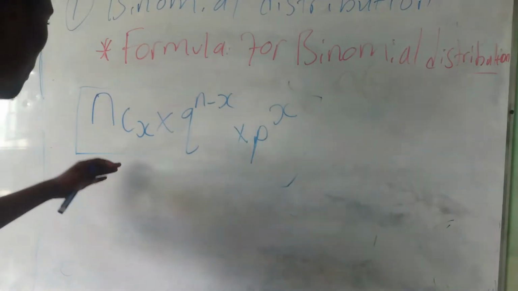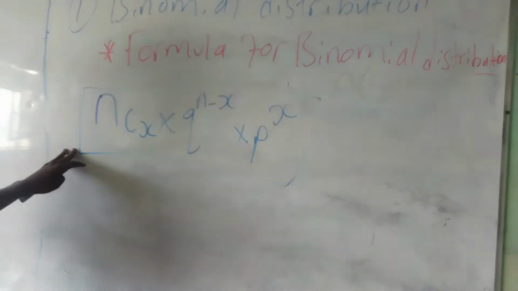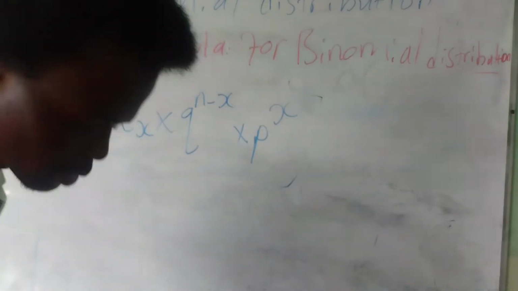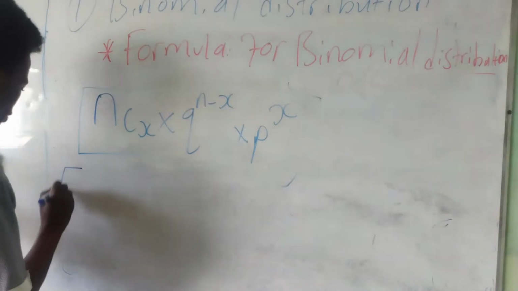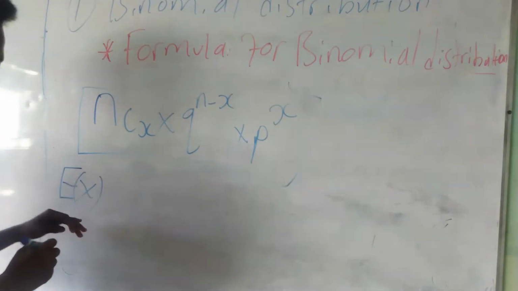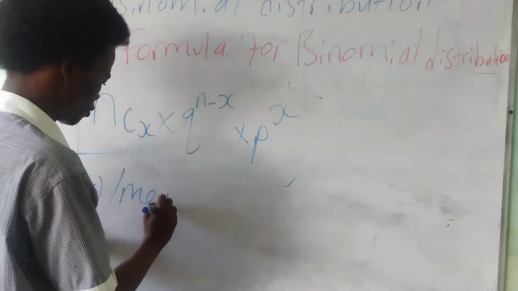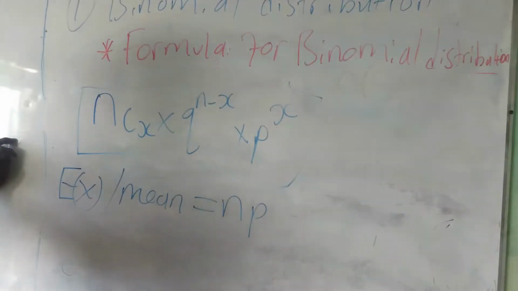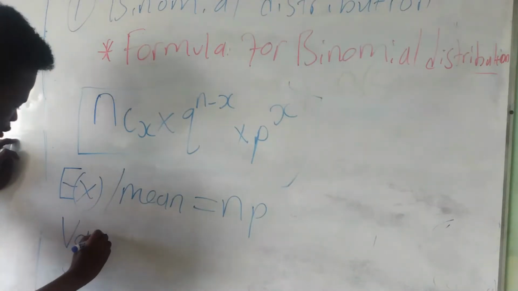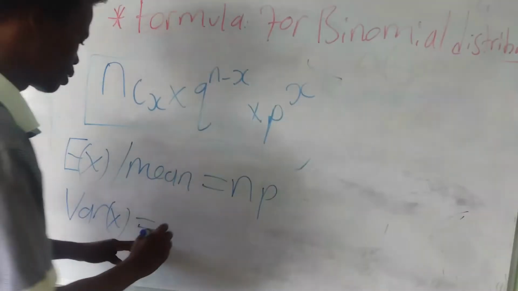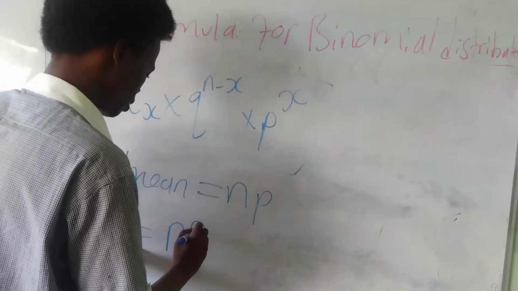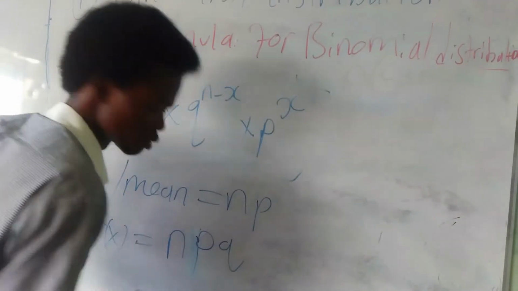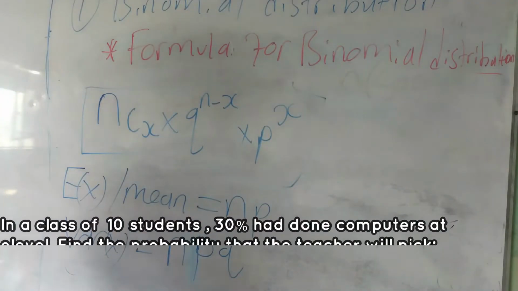We can also calculate the expectation. The expectation or mean, E of x, for binomial distribution is equal to np. Then the variance for binomial distribution is equal to npq.